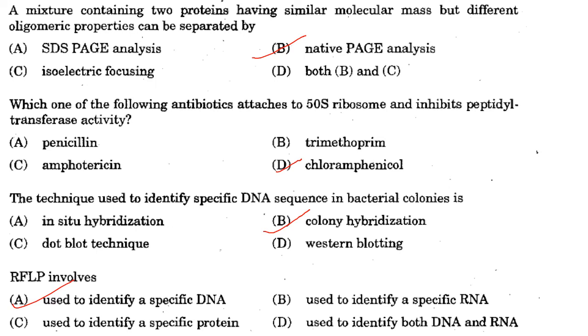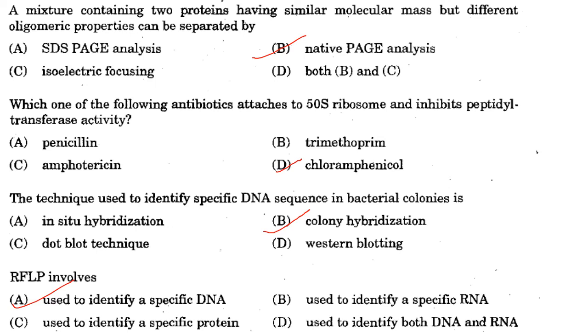Then next one. Which of the following antibiotics attaches to 50S ribosome and inhibits peptidyltransferase activity? So answer is chloramphenicol, option D. Trimethoprim binds to dihydrofolate reductase and inhibits the reduction of dihydrofolic acid to tetrahydrofolic acid.